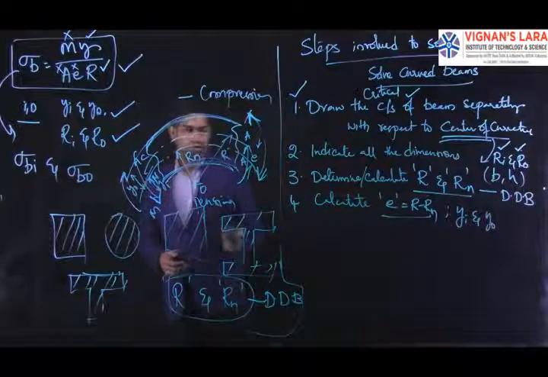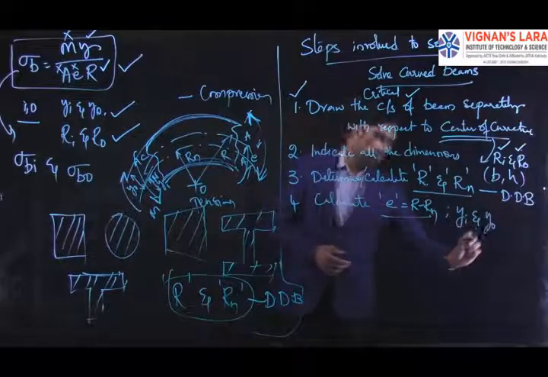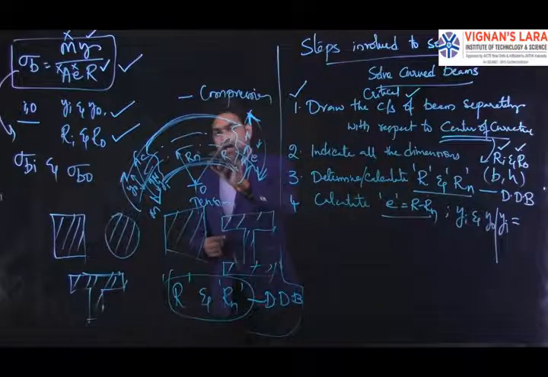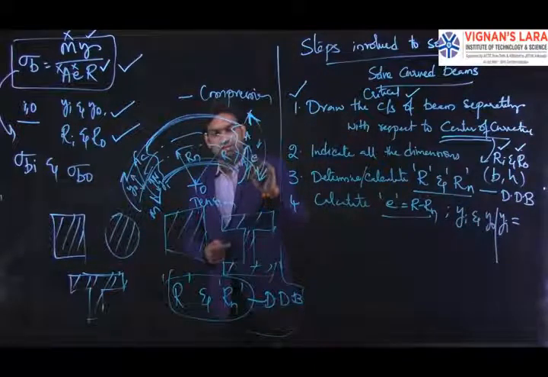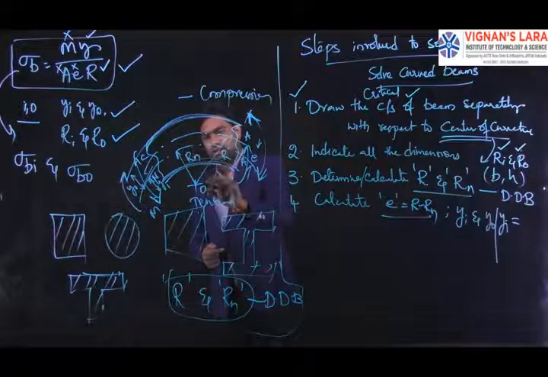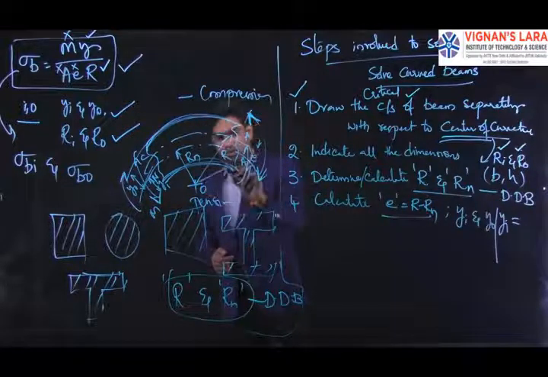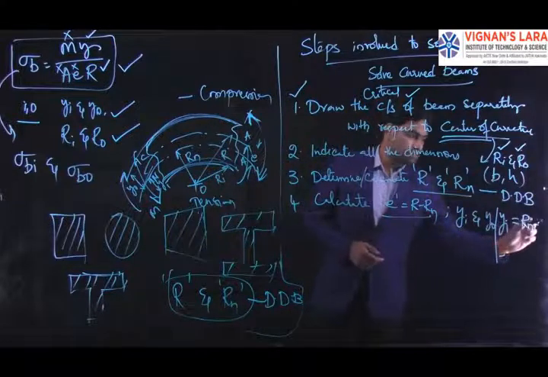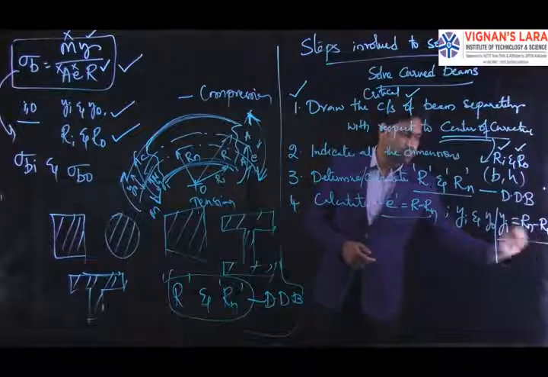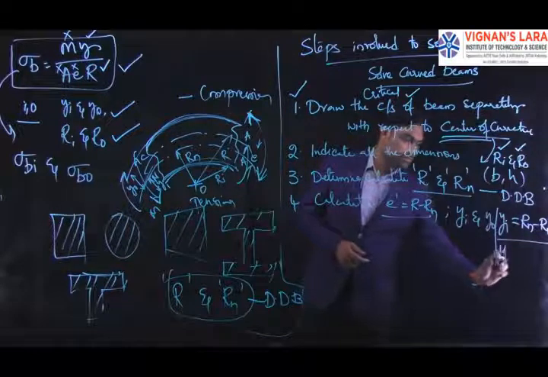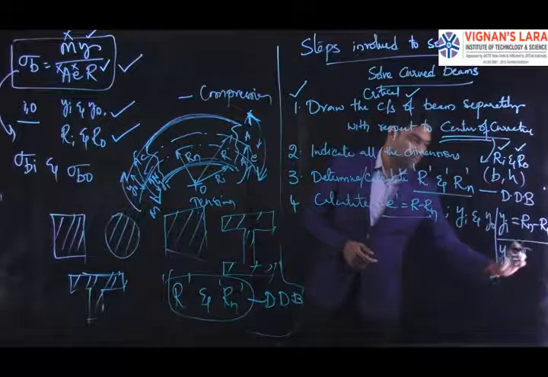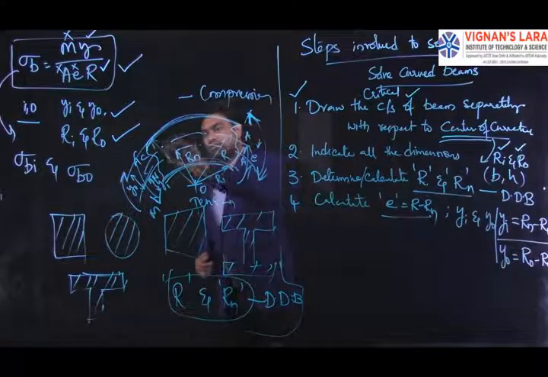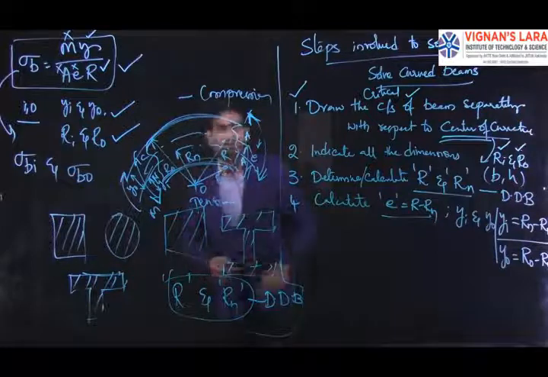So we get Ya, for the inner fiber, as Rn minus Ri, where Ri is the inner radius. That gives Ya, and similarly Y0 can be given by R0 minus Rn. From the diagram itself we can find out the values of Ya and Y0.